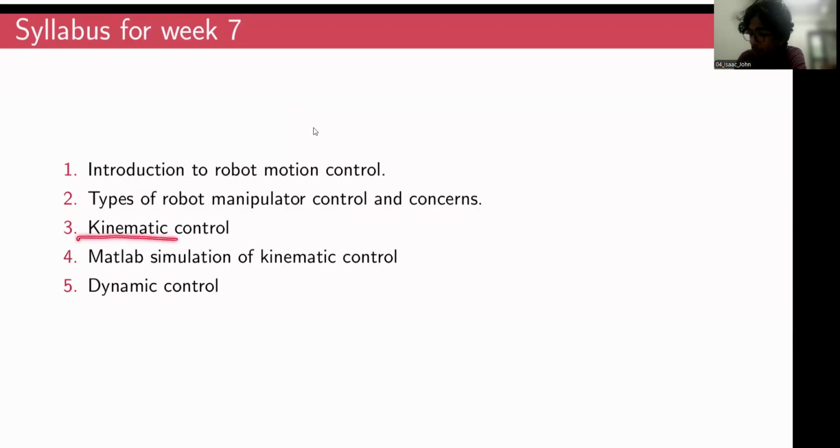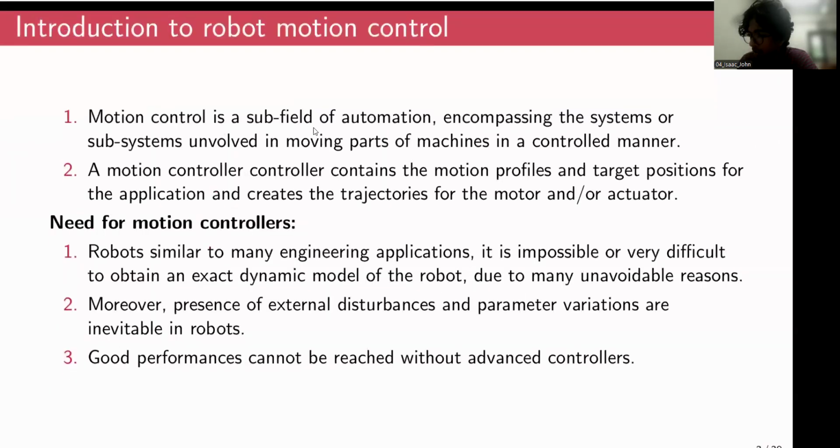We have seen a few examples of kinematic control. We have seen open loop and closed loop examples for kinematic control. There were a few MATLAB simulations of either of these cases of kinematic control. And finally, we have seen the open loop and closed loop examples for dynamic controls.